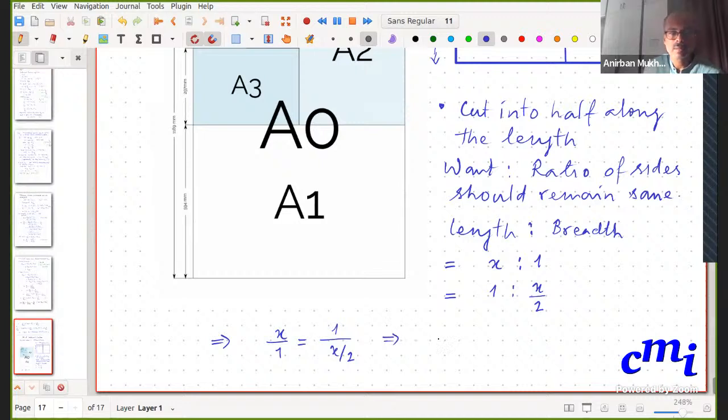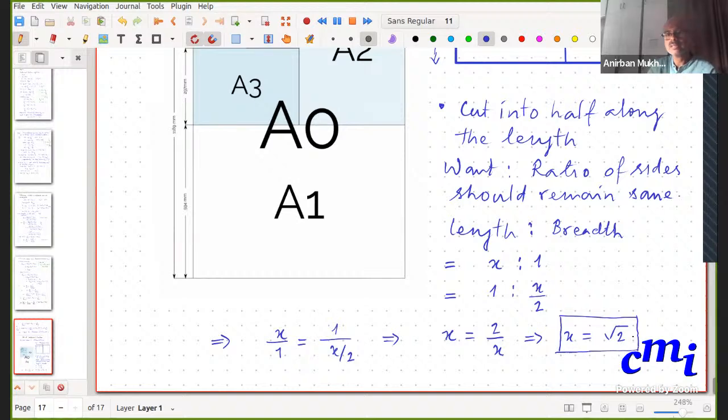Therefore, x is equal to 2 by x, which means x is the square root of 2. We want a positive one, of course, so we won't take the minus square root. So it's just the positive square root of 2. So square root of 2 should be the ratio of the sides.